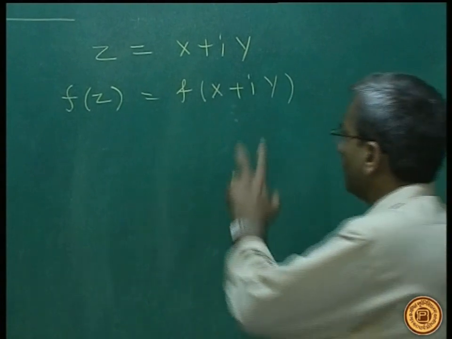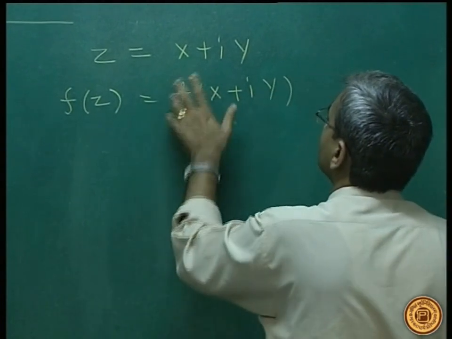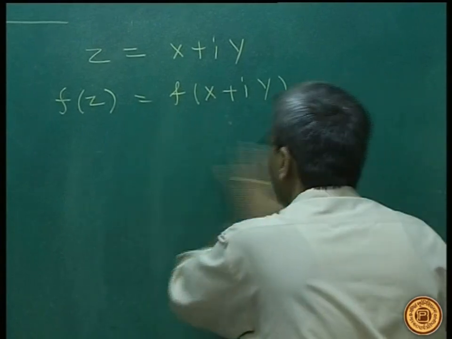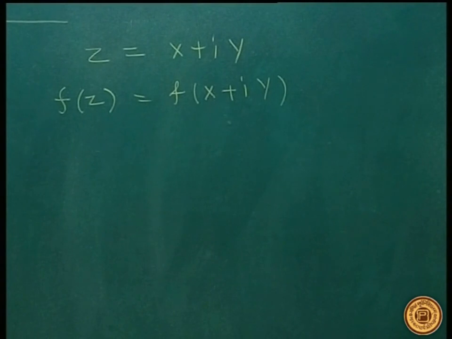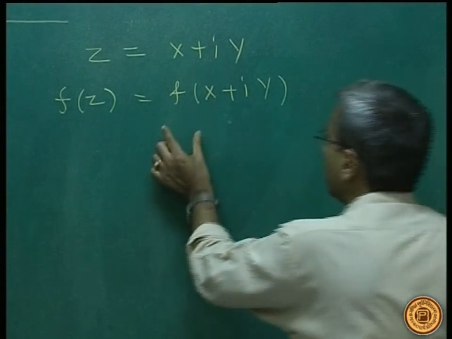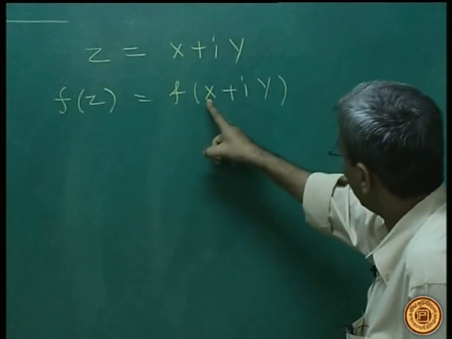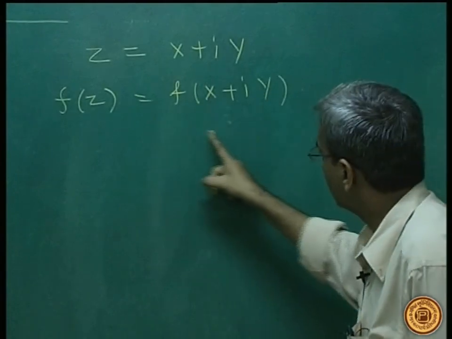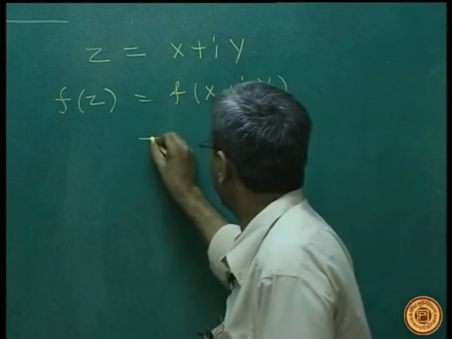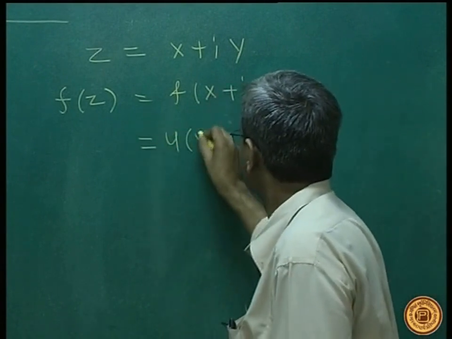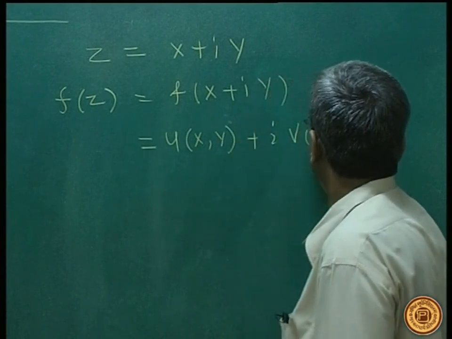Now when you plug in this value, because if you operate, you get a complex number. So it will have real and imaginary part. So corresponding to every x and y, you will get some expression in x and y, which I can write as u of x, y plus i times v of x, y.